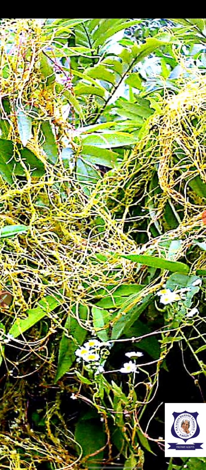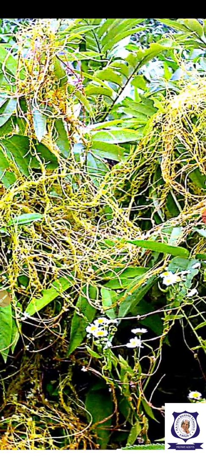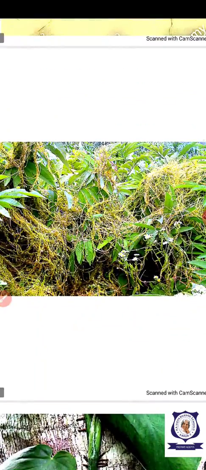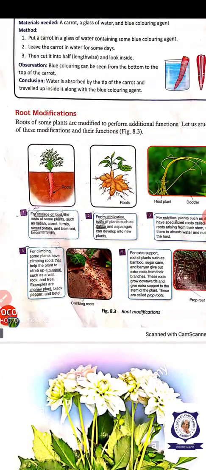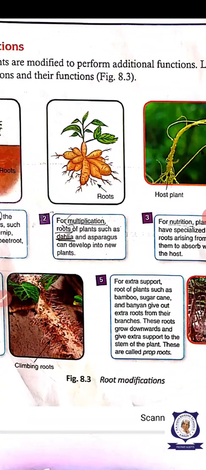See, it looks like a mesh, a net. The yellow-coloured thing is the dodder plant. It sends the roots into the host plant, that is the tree or bushy plant, and absorbs the nutrients of the tree for its own purpose. Okay, so it is a parasite. So another function of root is parasitic nutrient absorption.